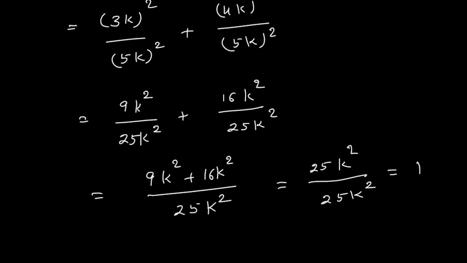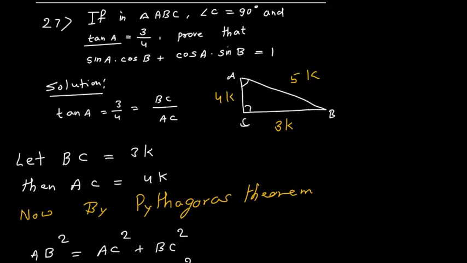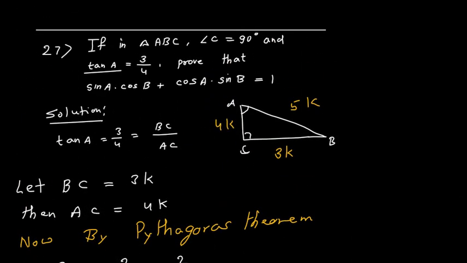So there are various ways. This is one way we have done. Other way, what you could have done, from tan A you could have found out the value of sec, like 1 plus tan square is equals to sec square. From sec we get value of cos, from cos and tan we get the value of sine.